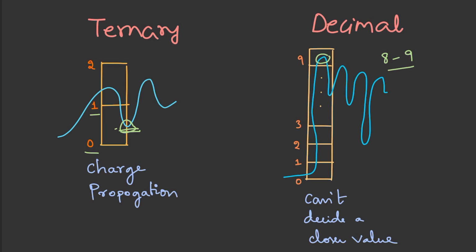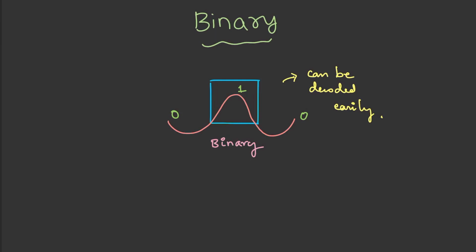Let's see how binary is more helpful when compared to the existing systems. Consider the binary system. Here, this is a capacitor which holds the charge. If the charge is propagated inside the capacitor, it will be treated as positive. If the charge is outside, it will be treated as negative. So 0 and 1 can be easily associated and easily decoded with the help of a binary system.